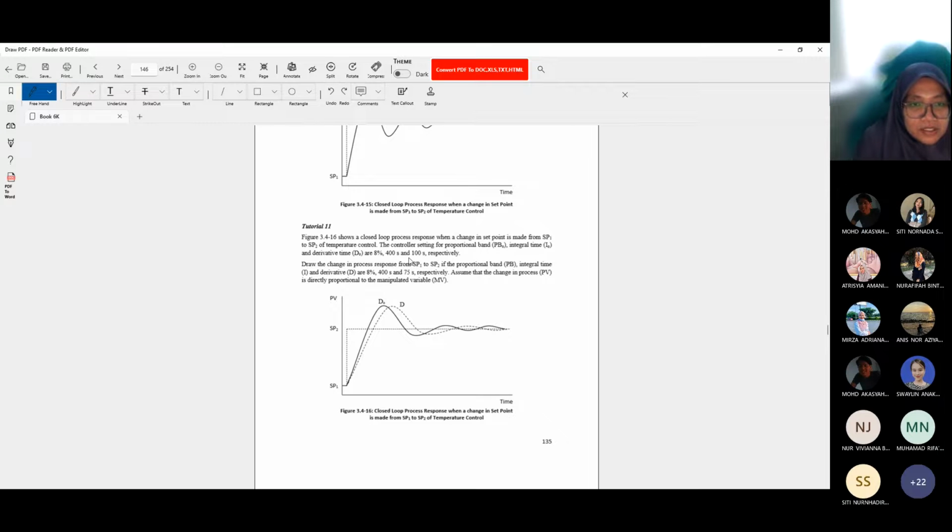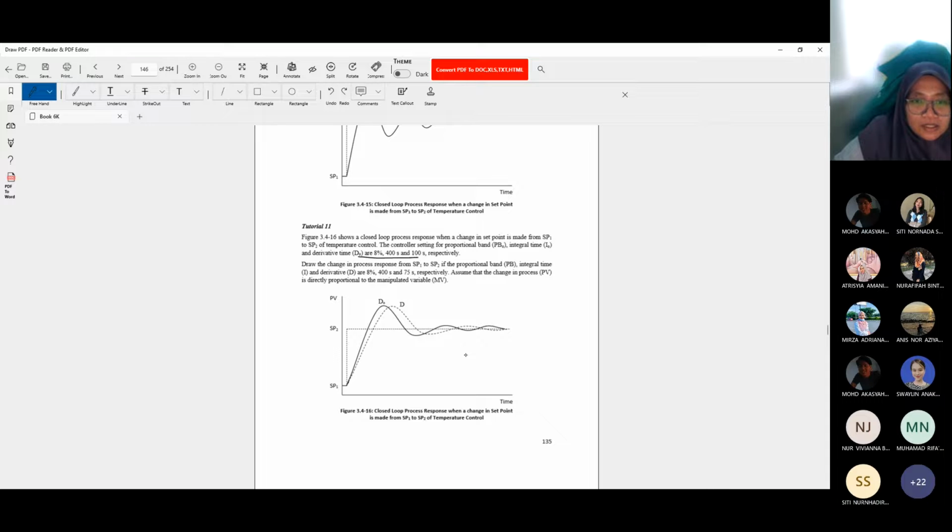Okay, kita ada di sini PB, IND, 8%, 400, 100. Okay, the D value is dropped to 75 second. The PV is directly proportional to MV. Okay, kiranya bila you dapat soalan, you must underline the main point lah.